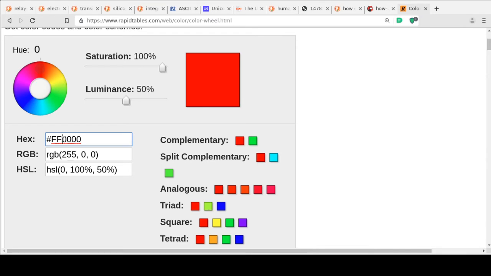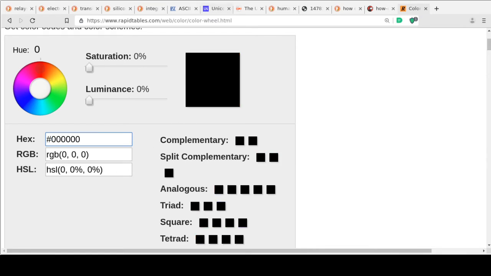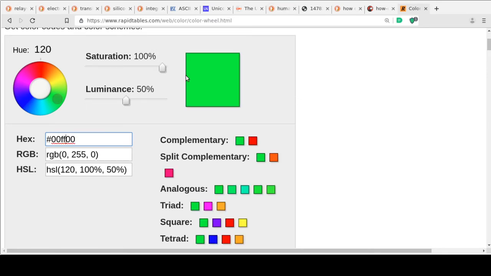So for instance, if I made all of them 0, then you have no red, no green, and no blue. You've got no color at all. That's black. And by the way, F is as big as you're going to get. So FF is basically 255.